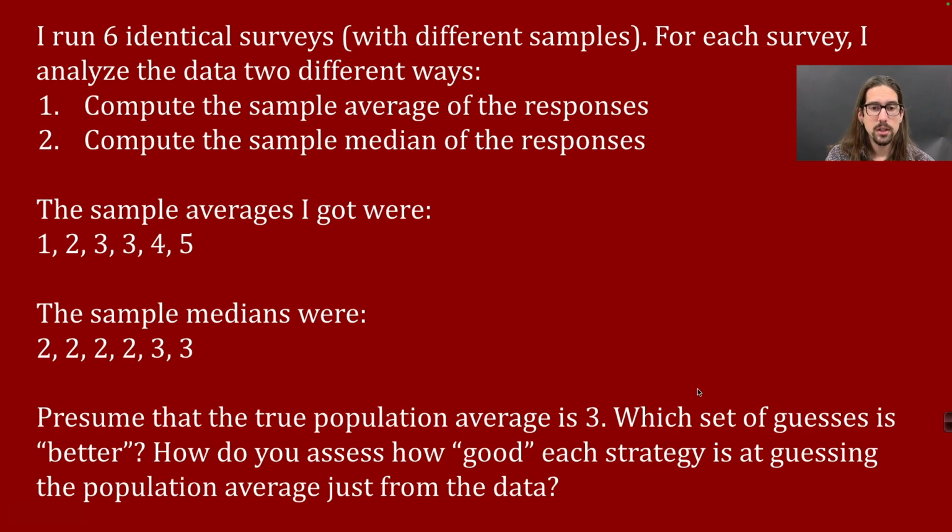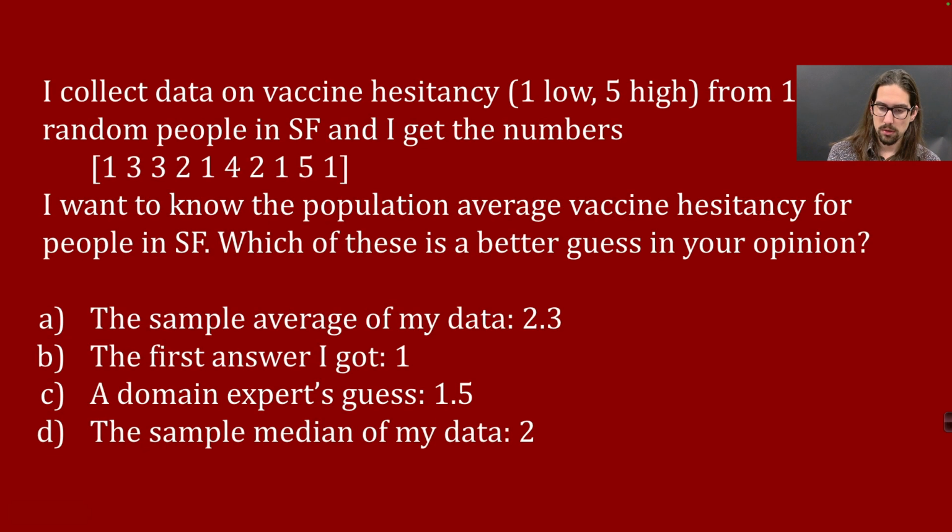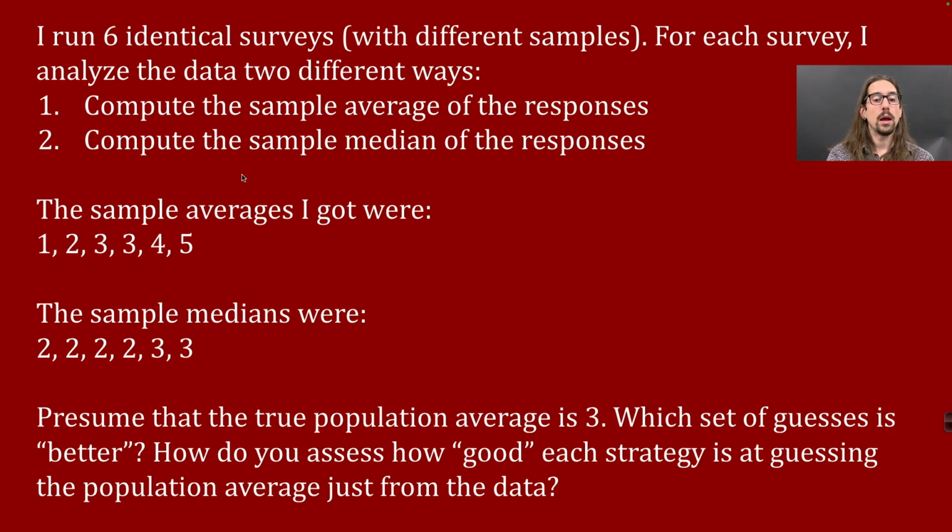So here's another question. Let's say I run 6 identical surveys and I get different samples. So it's like this, but I do this process 6 times. And for each survey, I analyze the data in 2 different ways. I compute the sample average of the responses that I got, and I compute the sample median of the responses. So these are 2 different estimators, right?